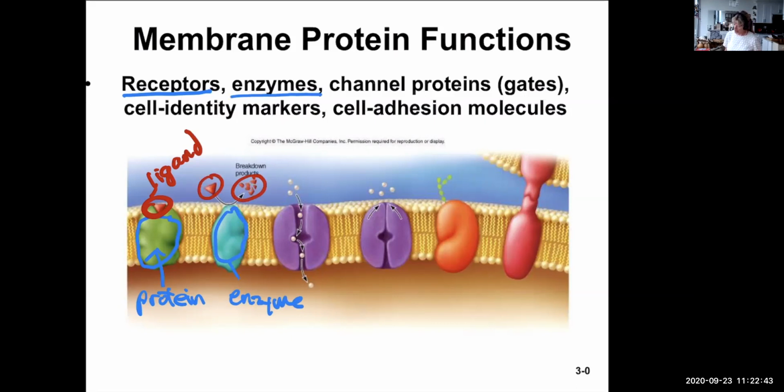Some proteins are channel proteins. Channel protein. This one is open. It's open for business, but this one is closed. And various processes open and close them. They may be voltage gated, which we'll find out about in the nervous system, or they may open and close due to concentration. So those are channel proteins.